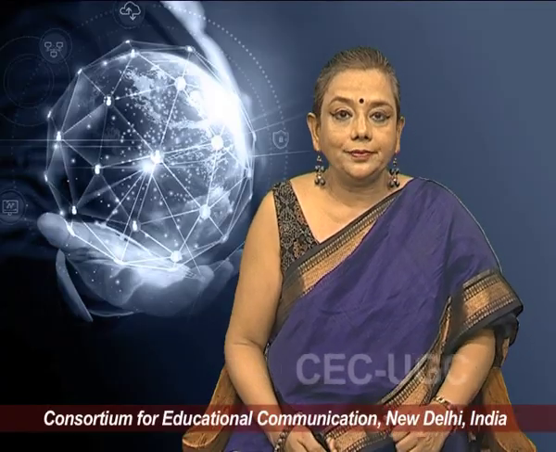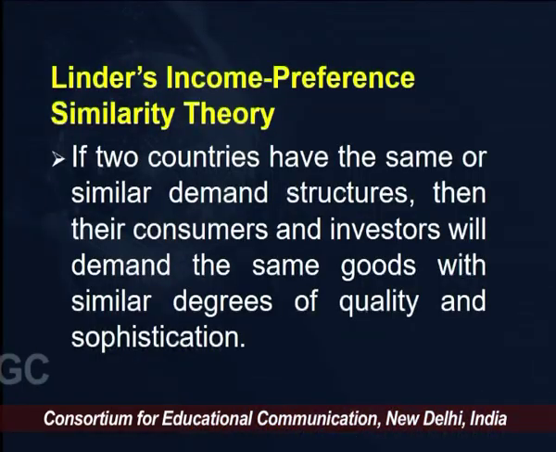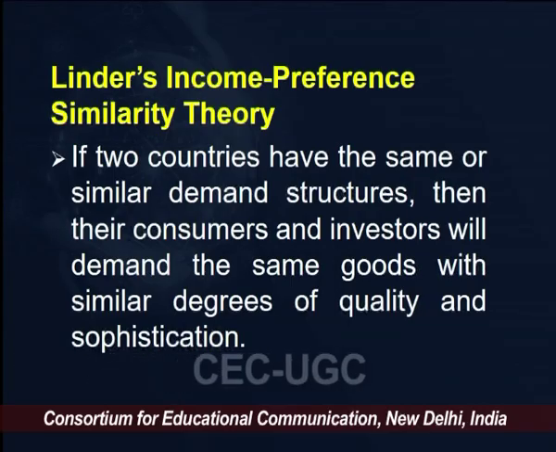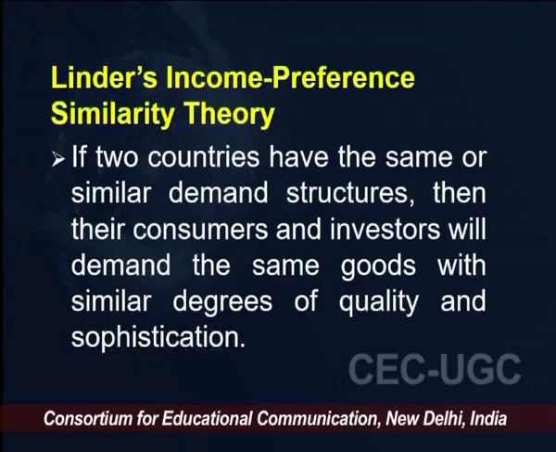The things are first introduced when they are highly priced in certain countries which have higher income. Because of that, they have similar income preference, and that's why it is known as income preference similarity theory. If two countries have the same or similar demand structures, then their consumers and investors will demand the same goods with similar degrees of quality and sophistication.